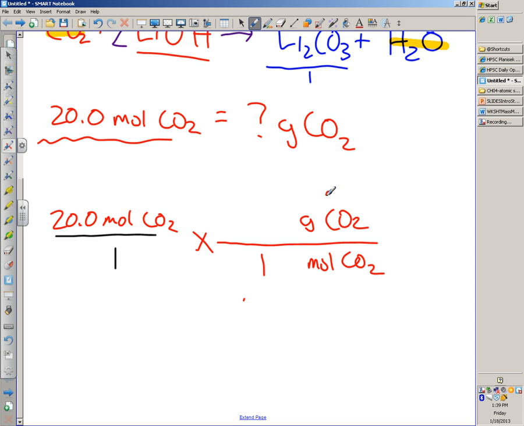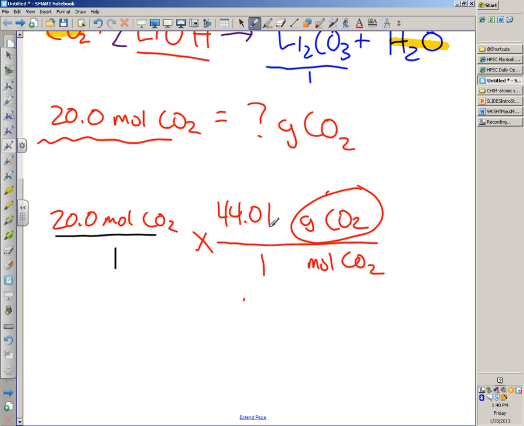So you are going to add together the average atomic mass of all of the atoms in that compound. This one, it's just 3. 1 carbon, 2 oxygens. When you add the average atomic mass of all 3 of those atoms together, you should end up with 44.01.